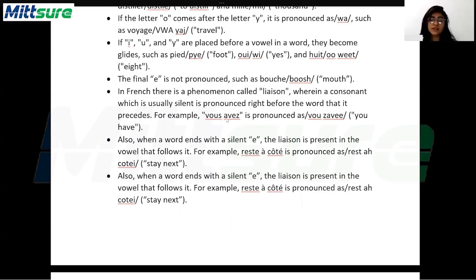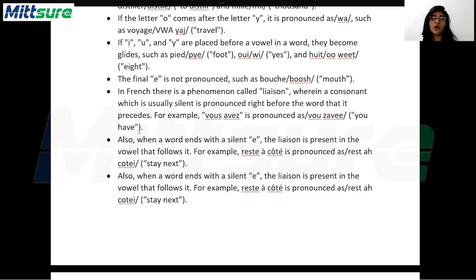So this vous avez will become vou zavez. This S will get transferred to the next word and the first will be pronounced partly, that will be vou only, and the last letter will join the second word.